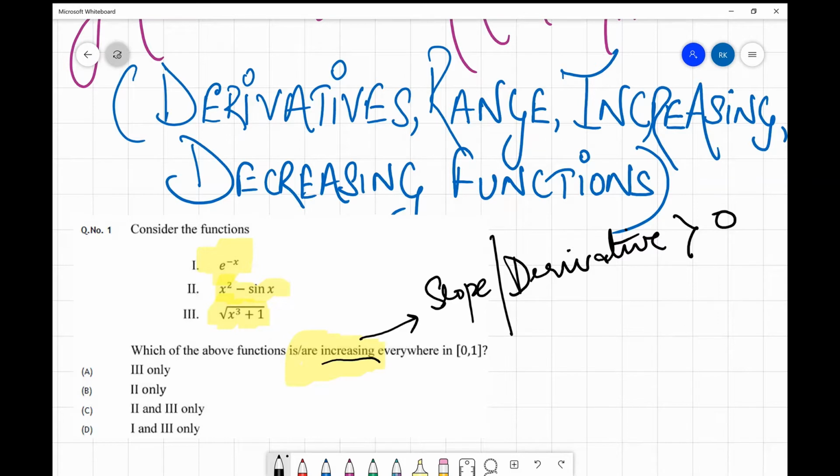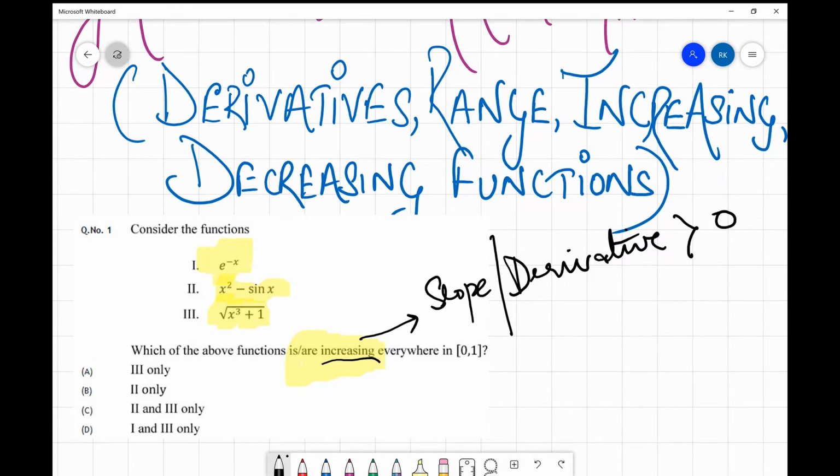For it to be increasing, the slope should be more than 0. So we just need to check which of these three functions has a slope that is always positive. Let's start analyzing all of these functions one by one.